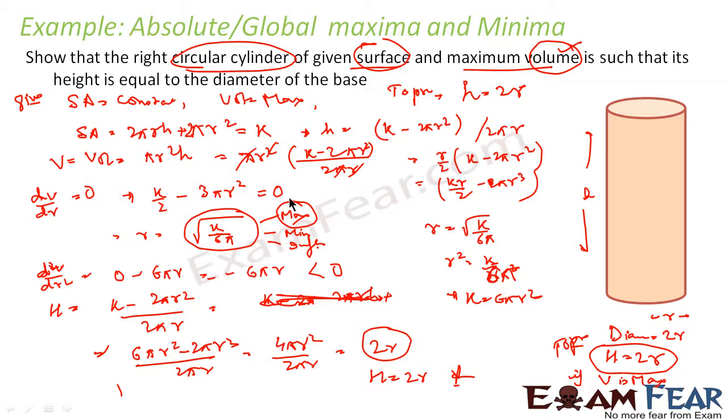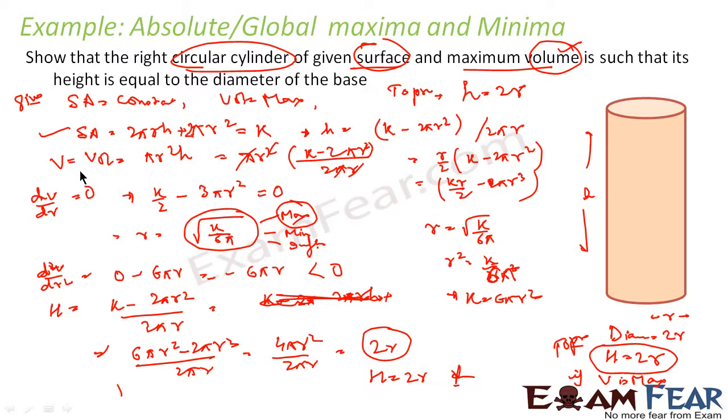So what we have done is simple. We took this statement and converted it into mathematical statements: surface area is constant, volume is max, and we have to prove that h is equal to 2r. The surface area formula gives an equation of h in terms of r. Volume is pi r square h.